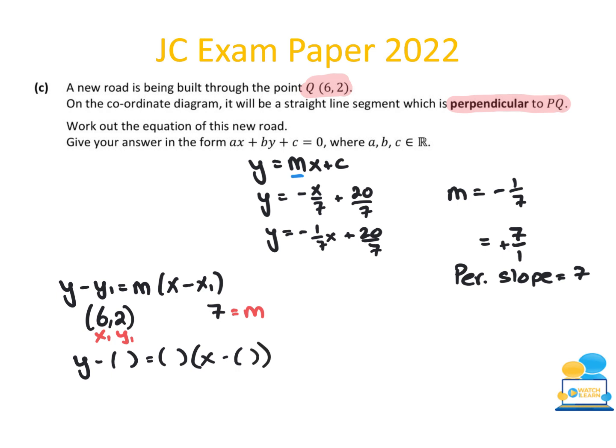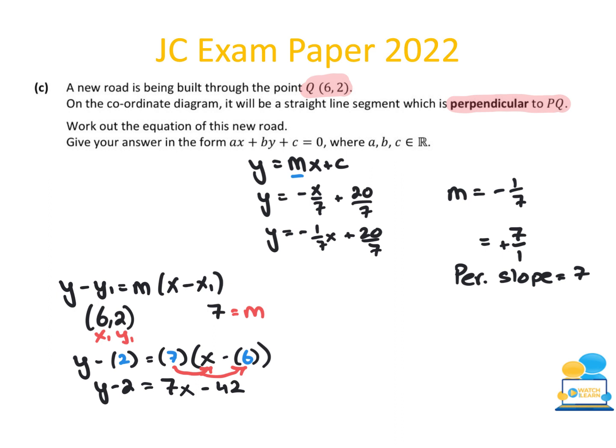And inputting in the correct values, y1 was 2, m was 7, and x1 was 6. Tidying up this equation, y minus bracket 2 will just become y minus 2. On the right hand side, I need to multiply 7 into everything here. So it will be 7 times x, which is 7x, and 7 times minus 6, which is minus 42.